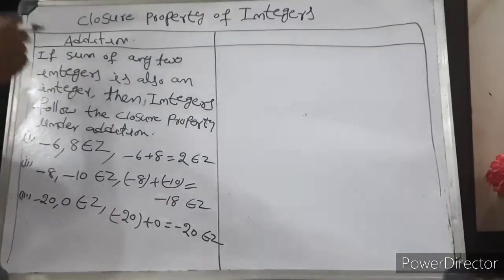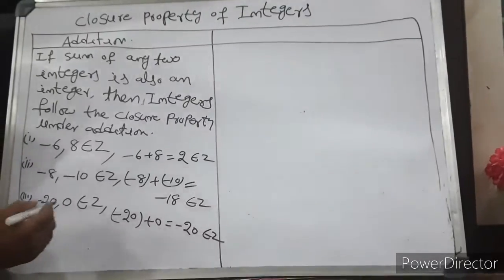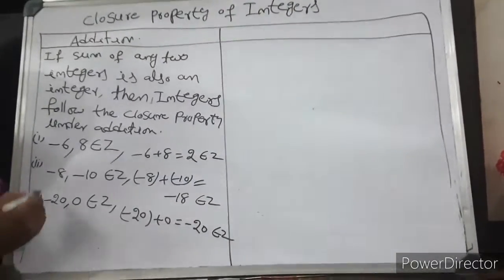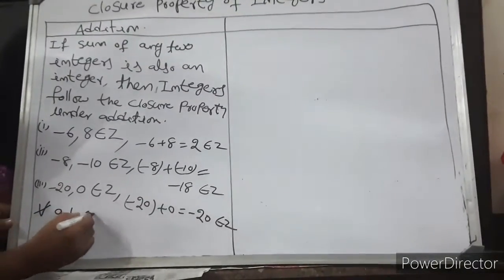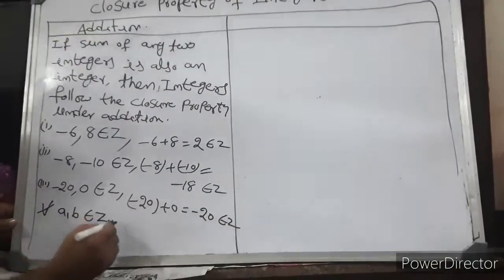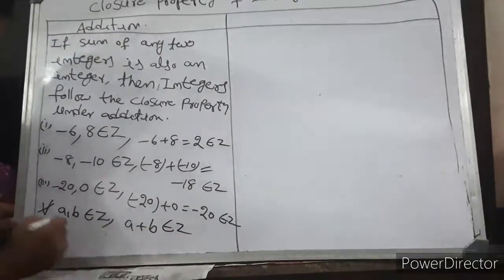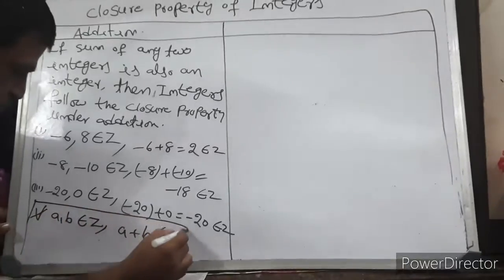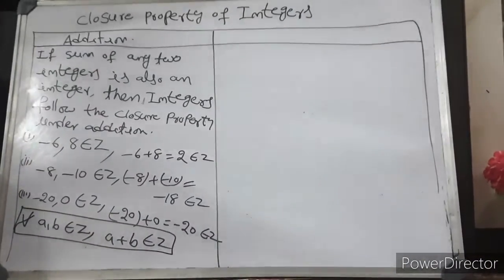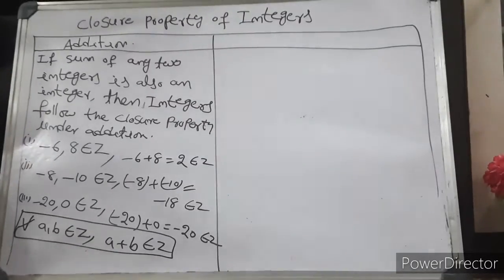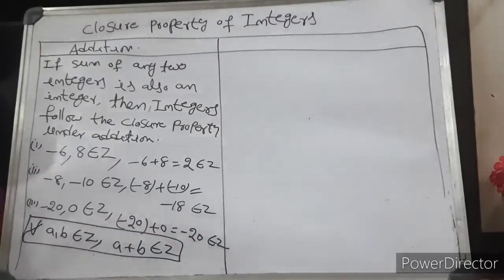So integers follow the closure property under addition. That means for all a, b belongs to Z, a plus b also belongs to Z.